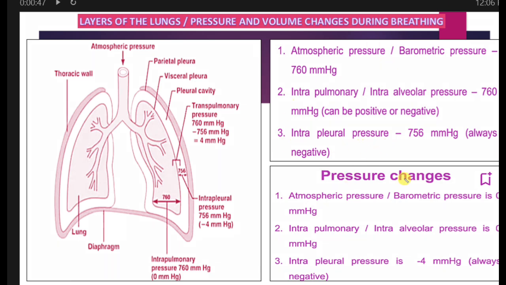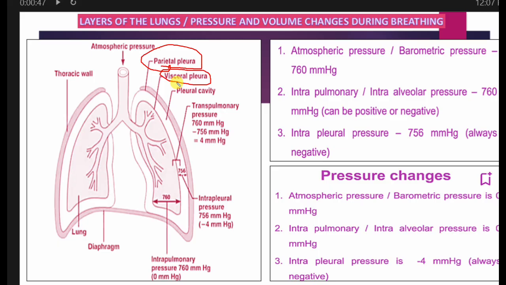The human lungs is bounded or covered by two main layers. The first one is known as the parietal pleura or parietal layer, and the second one is known as the visceral pleural or the visceral layer.